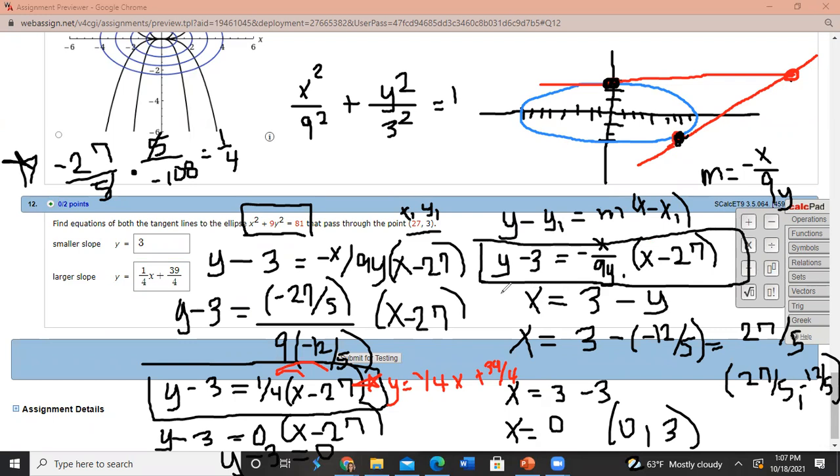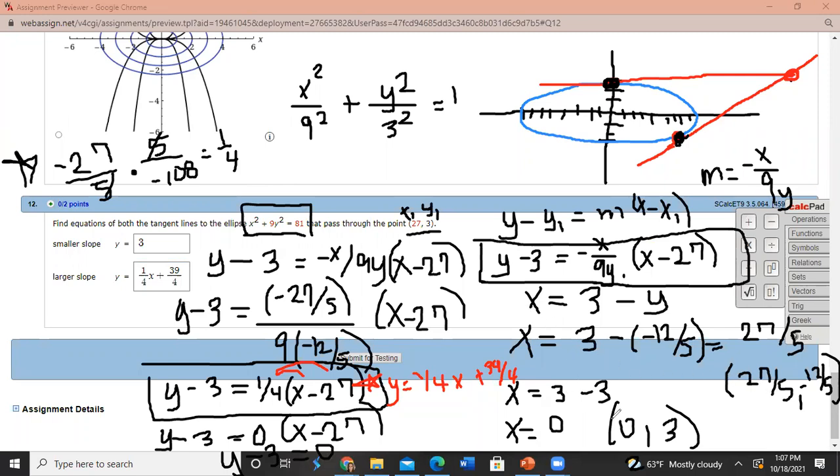So what we had to do is some trickery to get it down to x equals 3 minus y, because remember we cleared out the fractions and got x squared plus 9y squared equals 81. So we could replace 81 with all that stuff, and we got that x equals 3 minus y.